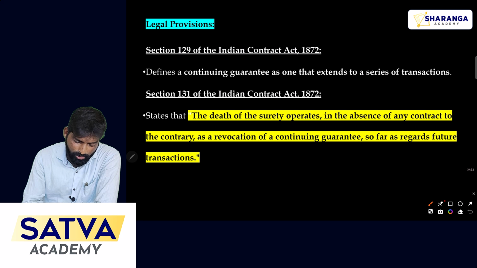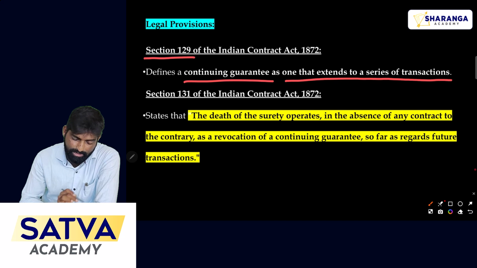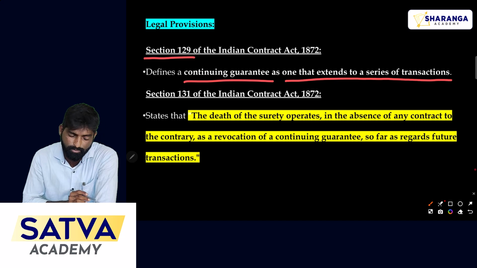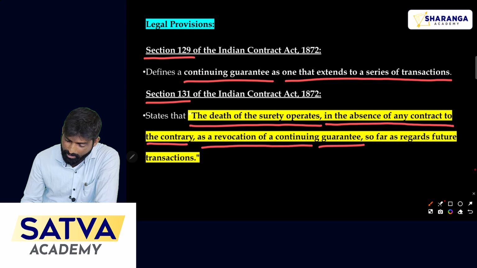Okay, see, according to Section 129 of the Indian Contract Act, a continuing guarantee means one that extends to a series of transactions. So that is the provision of Section 129, and Section 131 says that the death of the surety operates, in the absence of any contract to the contrary, as a revocation of the continuing guarantee so far as regards future transactions.